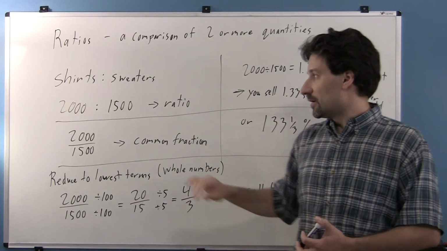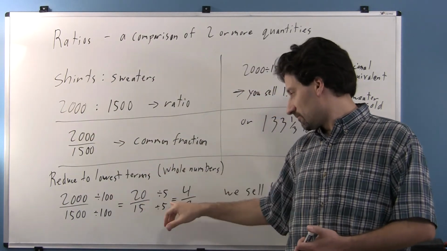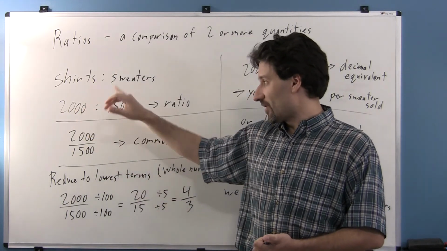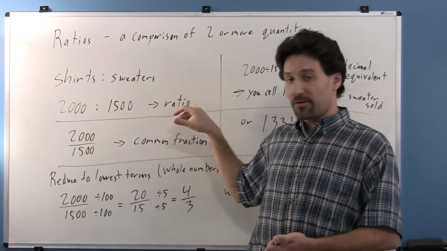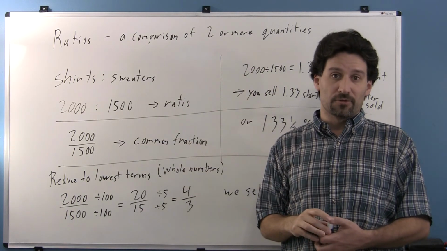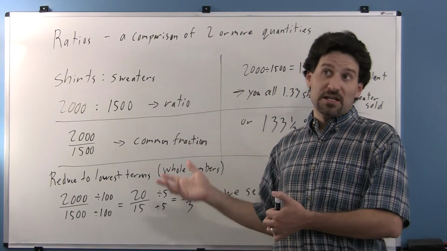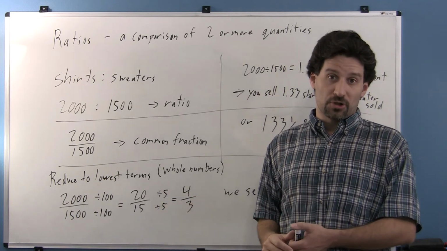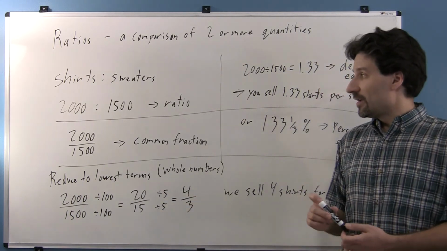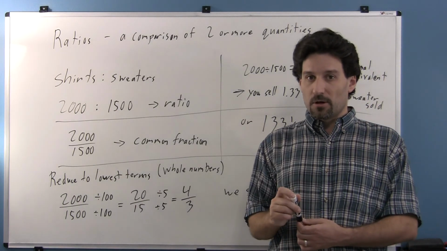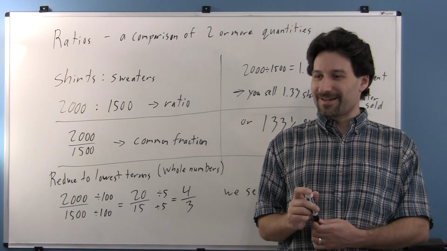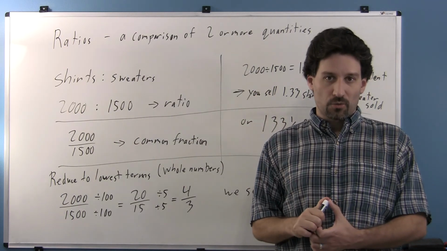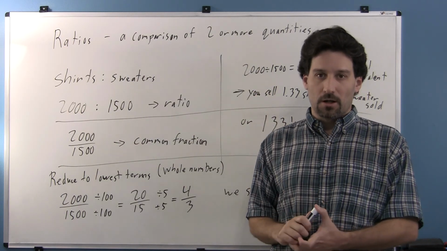In this case we divided both of them by 500 ultimately, 100 and then divide by 5 again. So if we'd had a third term, we would have had to divide that by 500 as well. Or check to see that that would have worked, and if it wouldn't have worked, maybe we couldn't have reduced it quite as much as before. So yes, I'll include that video. It's a little bit longer, but it's got some fun math, I think, in it. And then I'll come back to applying it to ratios for the next video on example 2.